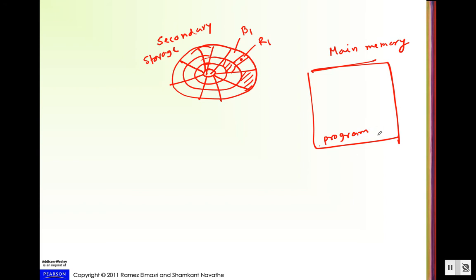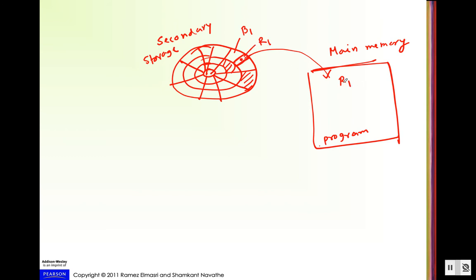Before accessing any data, it has to fetch the data from the secondary storage to the main memory. So if my program needs the record R1, I have to fetch R1 from the secondary storage to the main memory.